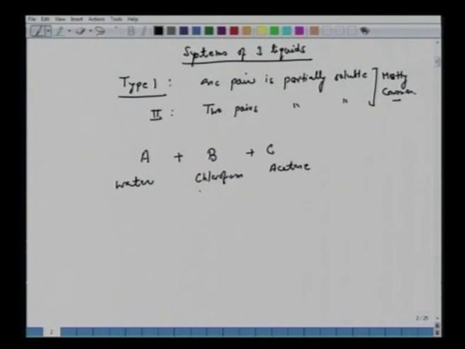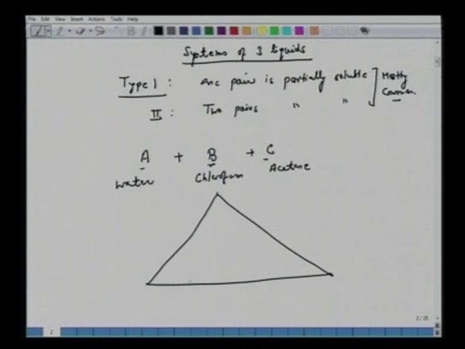When we say that A and B are partially miscible, or B and C are partially miscible, or A and C are completely miscible, then we should be able to plot accordingly on this equilateral graph, consistent with our earlier understanding of how to mark the coordinates on this plot.